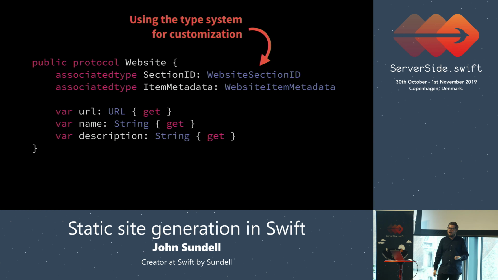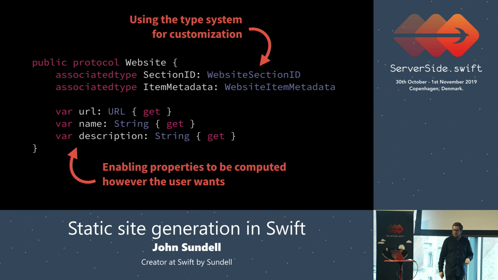And then your item metadata can also be completely customized, since it's just an associated type. And also what's important here is that the implementation of these properties that you see here can be implemented however the user wants. You don't need to conform to some specific JSON format or something like this. You can decide how to return that information. For example, you might use a different URL for staging and for production.